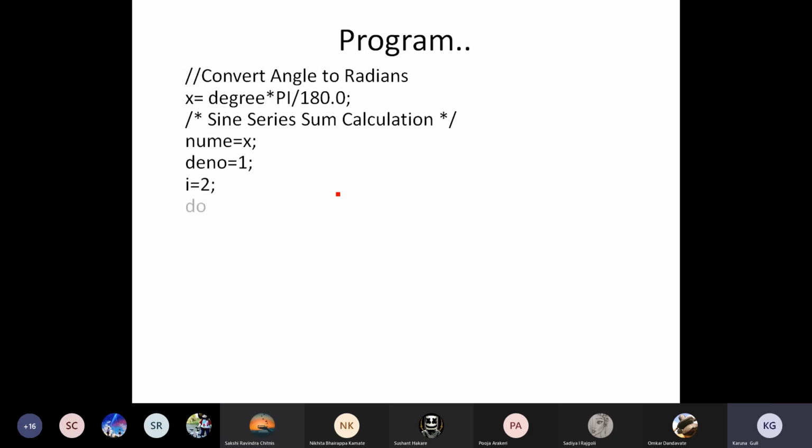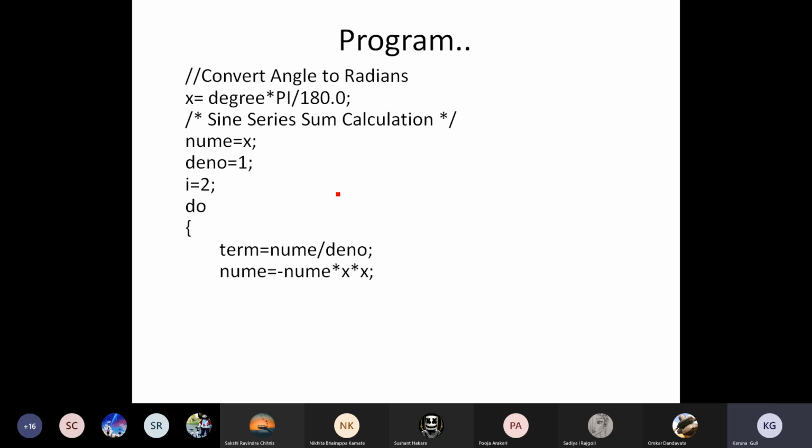Then go ahead with do. Which terms am I supposed to write here? First I have to calculate the term. Term is equal to what? Numerator divided by denominator. Very good. In this case also, I'm finding the next term.